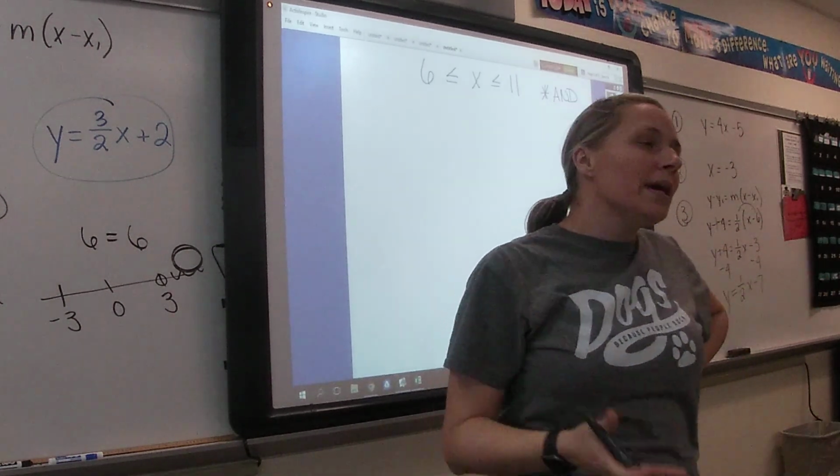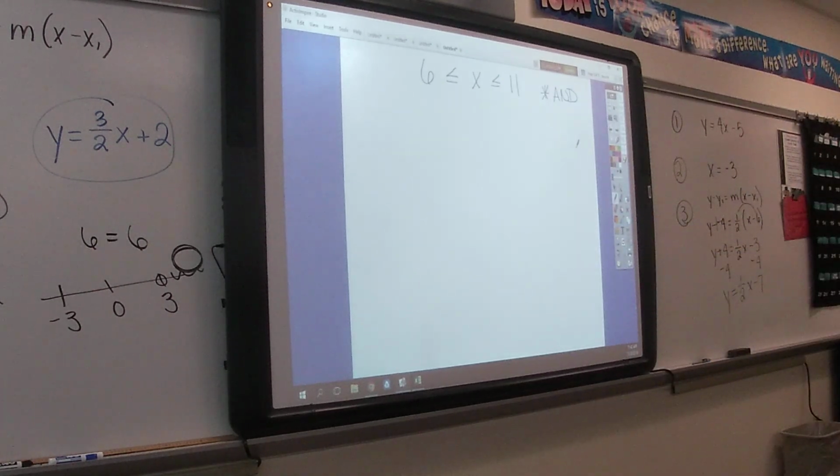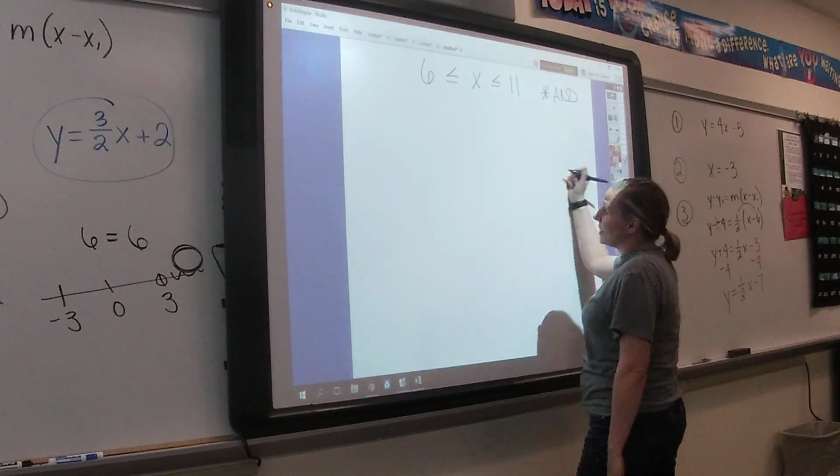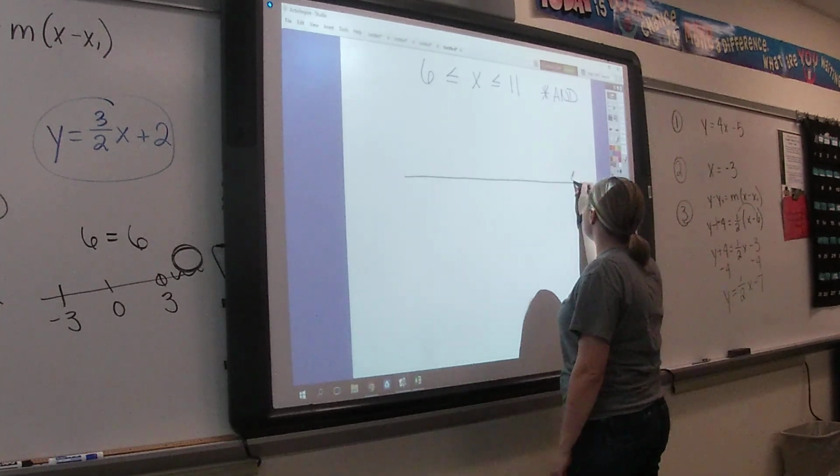I mean, that should make sense with our English vocabulary. Right? If we have two things that are going together, it makes sense that we could write them in one thing. Okay, so if we want to take this and graph it, we are going to have to think very carefully here.